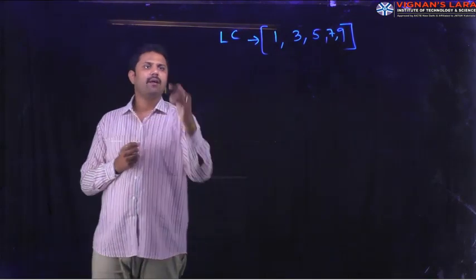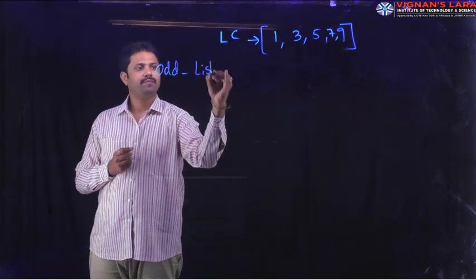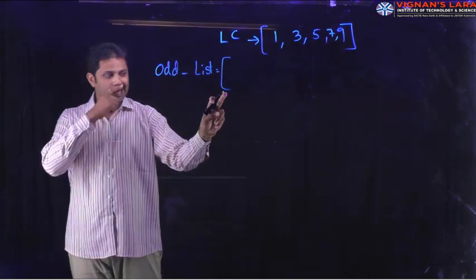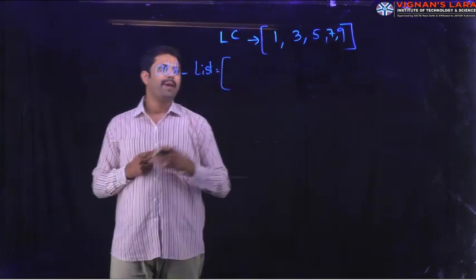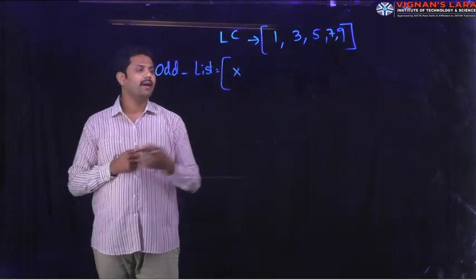Let us take a list, odd list. I start my list comprehension by opening square brackets. Now I am writing x here.